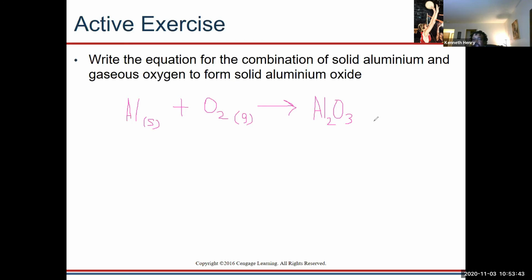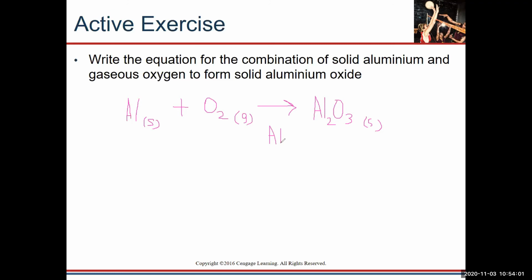Okay, is that solid, liquid, or gas? Solid. Okay, is the chemical equation balanced? No, we're missing an oxygen and an aluminum.